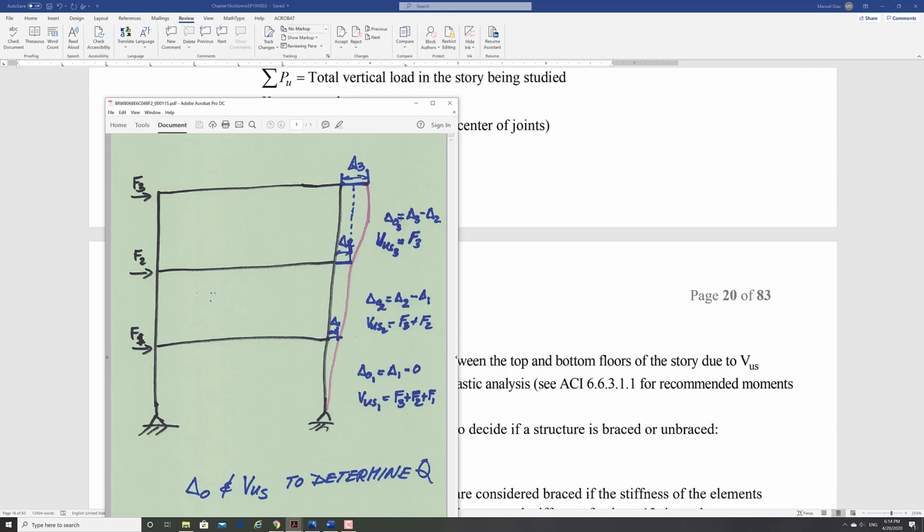That's the relative displacement for story number 3. The relative displacement for story number 2 is, of course, delta 2 minus delta 1. The relative displacement for the first story is simply delta 1 minus 0, because this is your support.